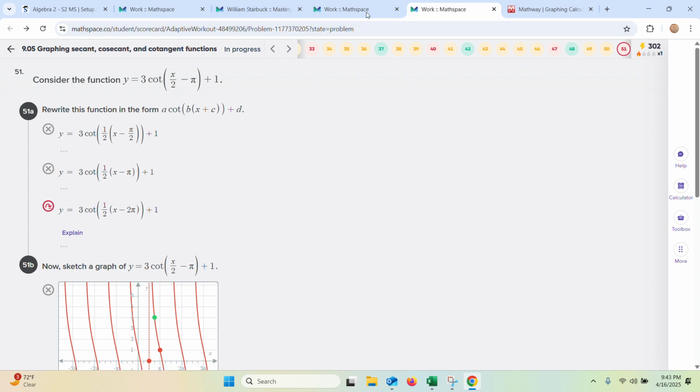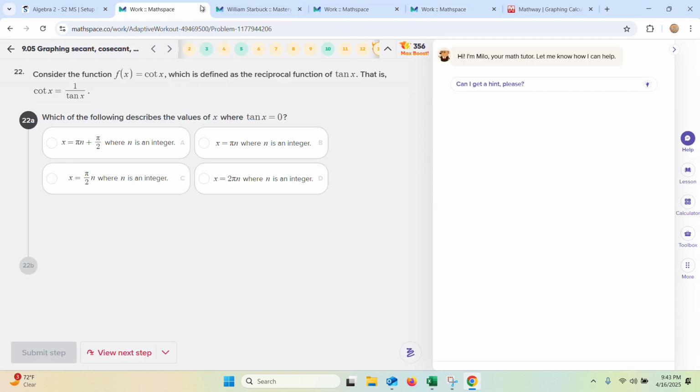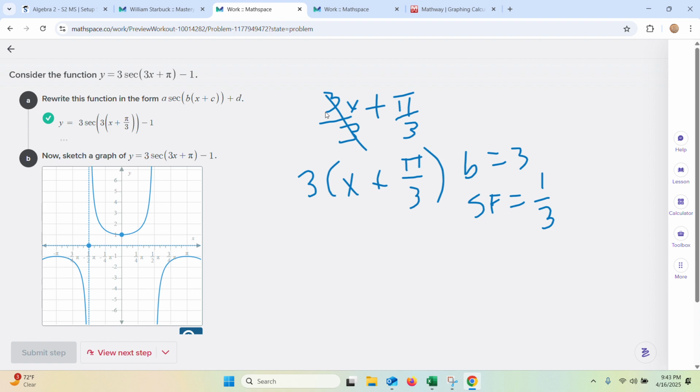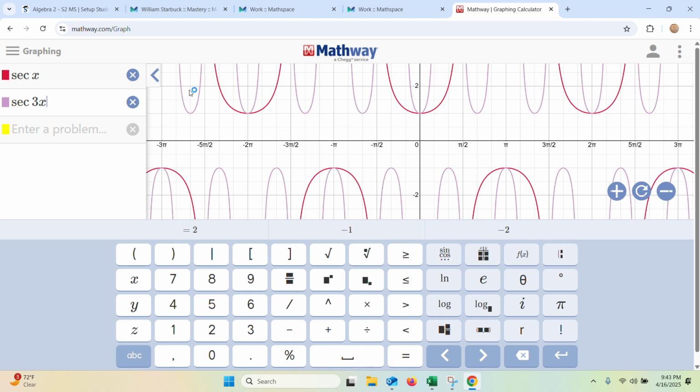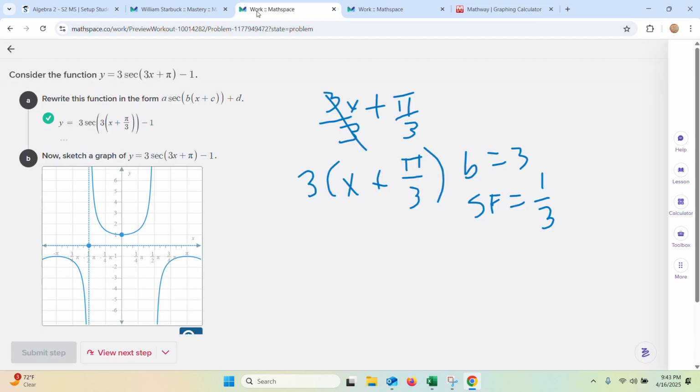Where are we? What happened to it? Ah, this recording thing is in the way. All right. Secant of 3x. So this is the lavender. Notice, see how it gets skinny? So we want our graph to look skinny.